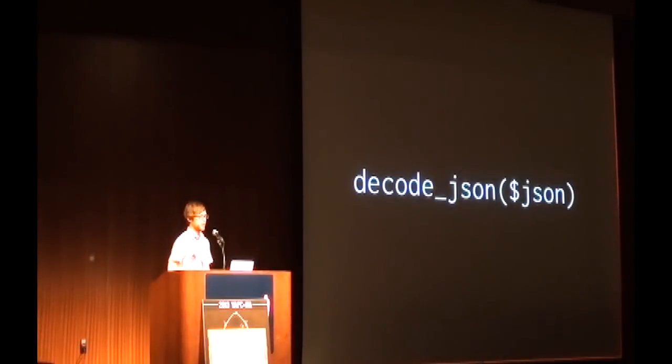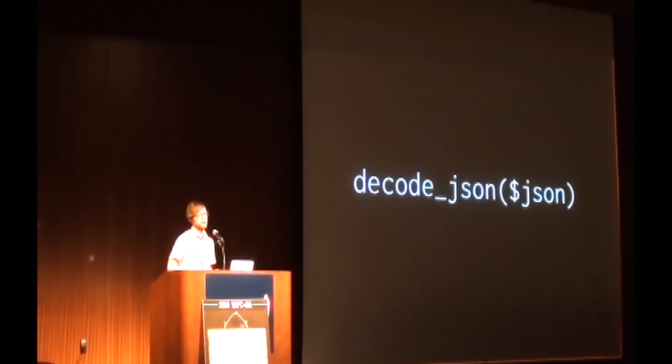Then there are a lot of modules out there that you use to do I/O. Say you have JSON that came in through a web request, and you're using either the JSON or JSON::XS modules to decode it.